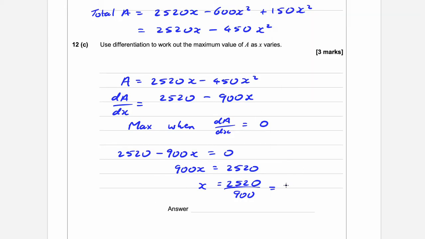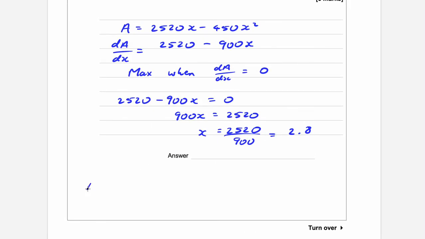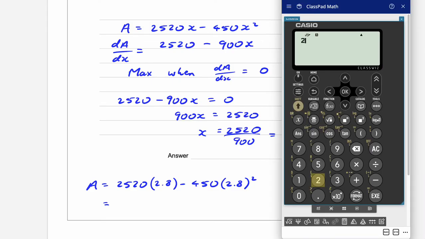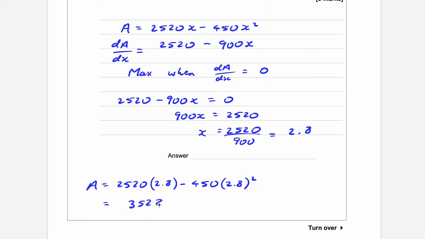That is 2.8. But we want the maximum value of A. So when x is 2.8, A is equal to 2520 times 2.8 minus 450 times 2.8 squared, which is 3528.